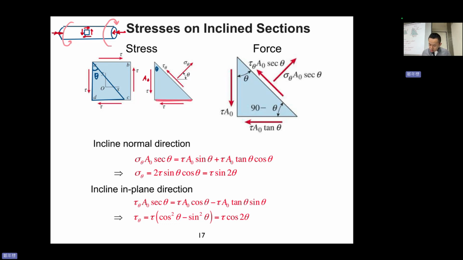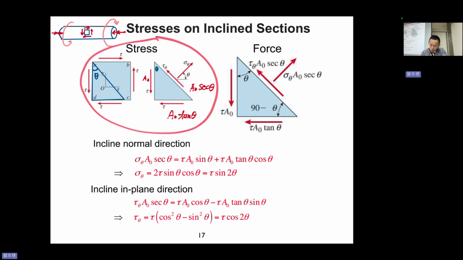So this area should be A0 times tangent theta, right? This is tangent theta. And this area is A0 times secant theta. Okay? So again, you have this area times sigma theta.